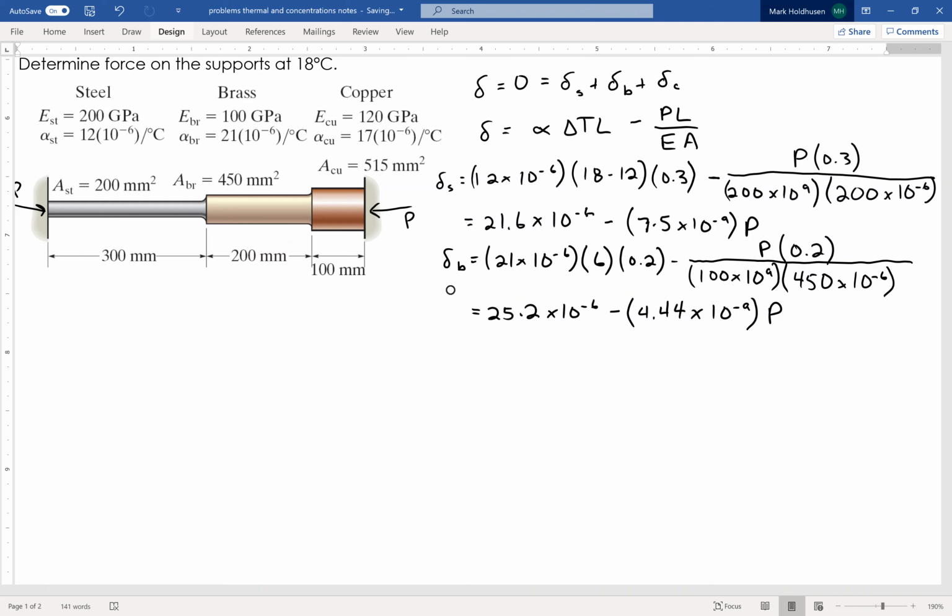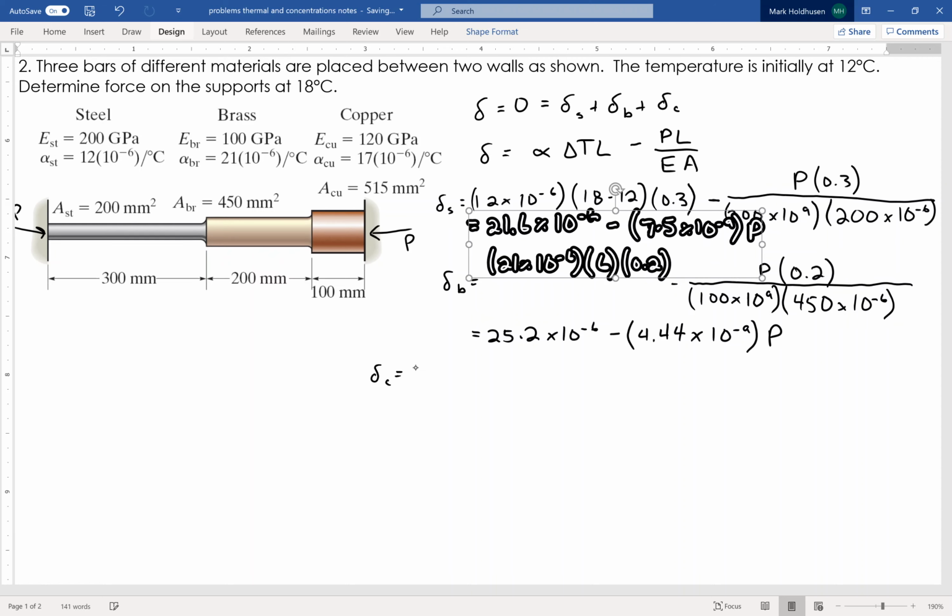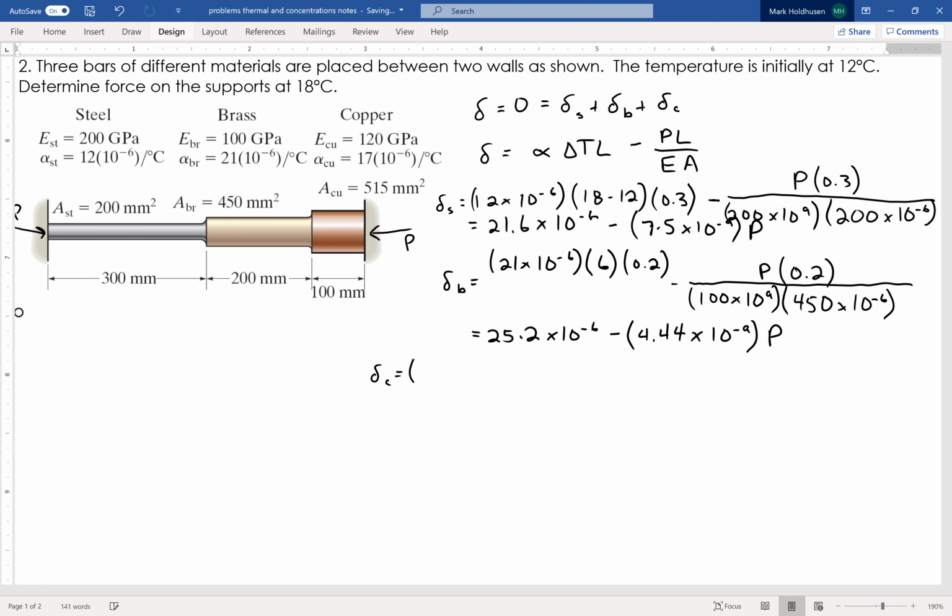Now we'll do the same thing for the copper. The deflection of the copper, again, it's going to expand due to the temperature. Alpha is 17 times 10 to the minus 6. The temperature change is 6, and this guy is only 100 millimeters long.